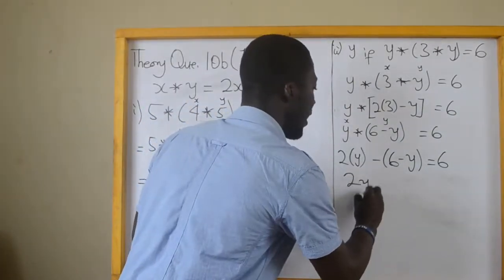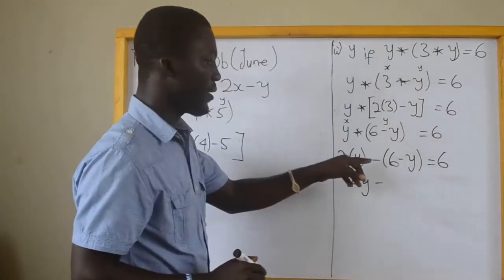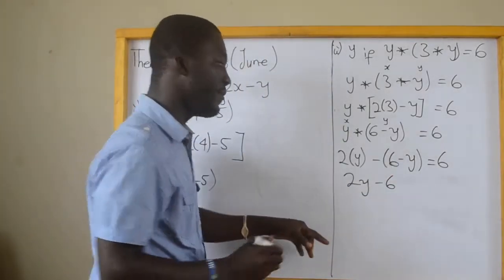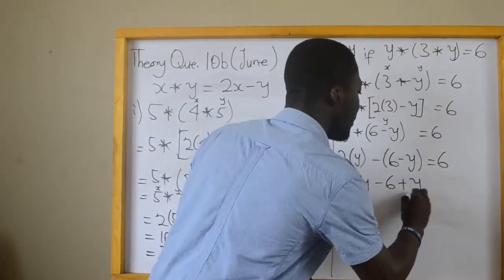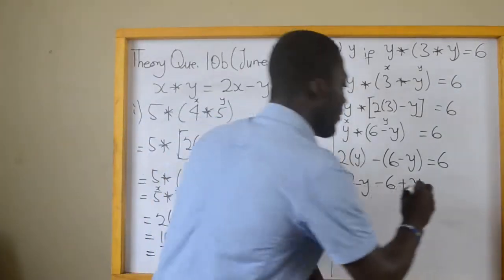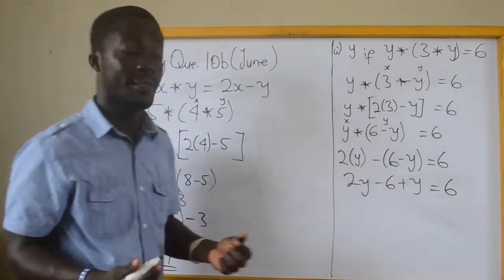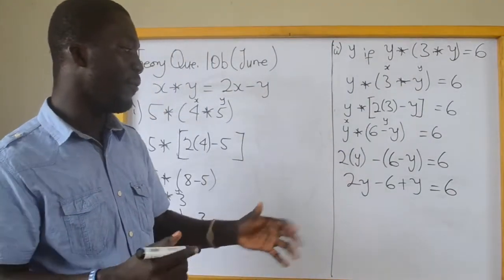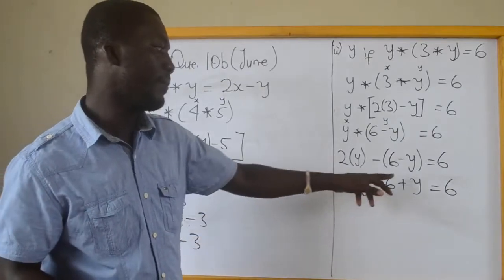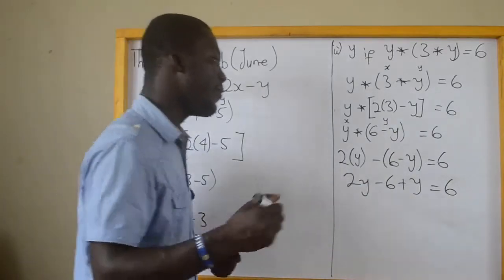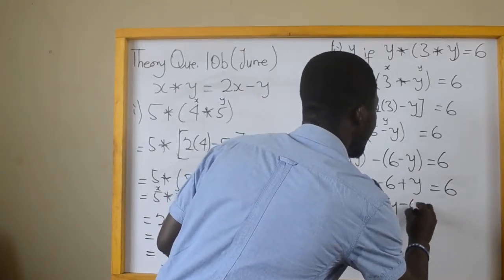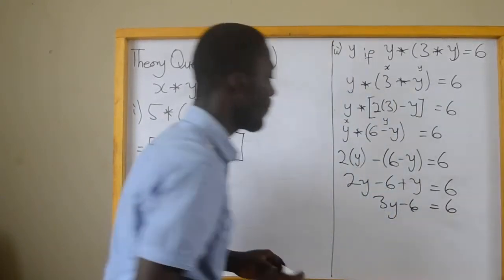Then we get 2y minus 6, negative multiplying negative, you get positive, plus y, which is equal to 6. When we group like terms, 2y plus y, we are going to get 3y minus 6 equals 6.